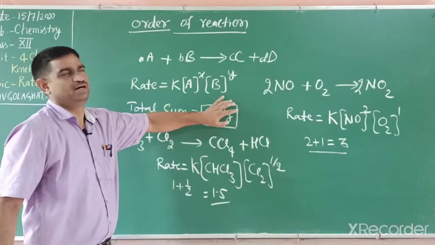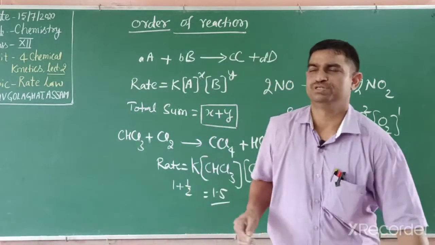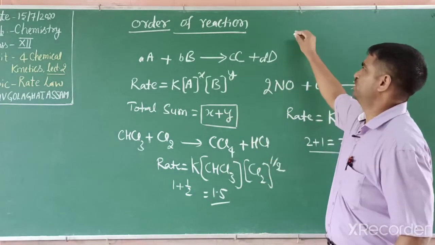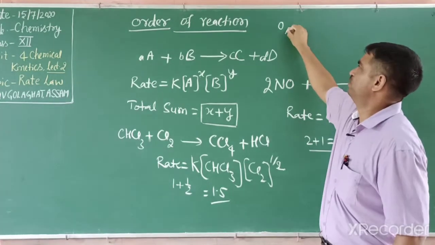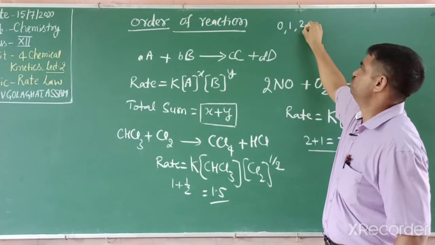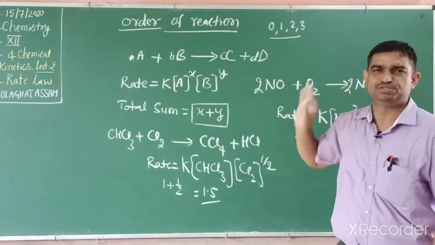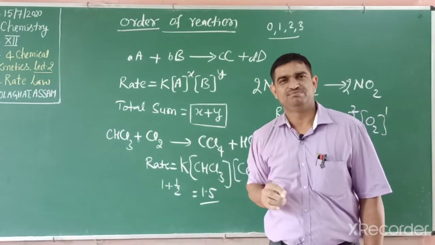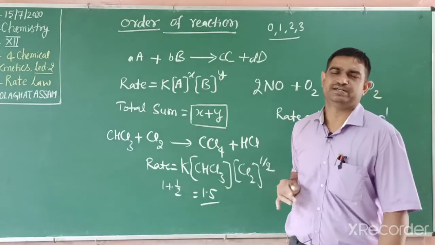Students, this power may be 0, 1, 2, 3. If the power is 0, it is a zero order reaction; power 1, 2, 3, or maybe a fraction, normally up to 3, or 0.5, 0.25. In this way we can identify it.